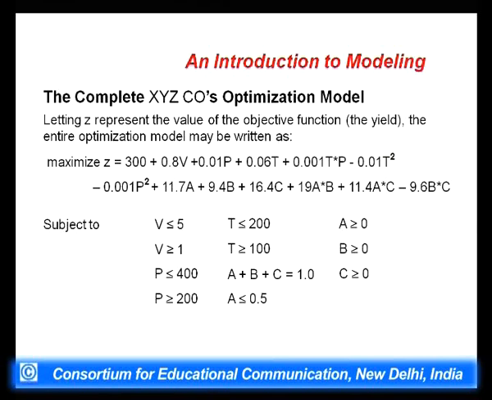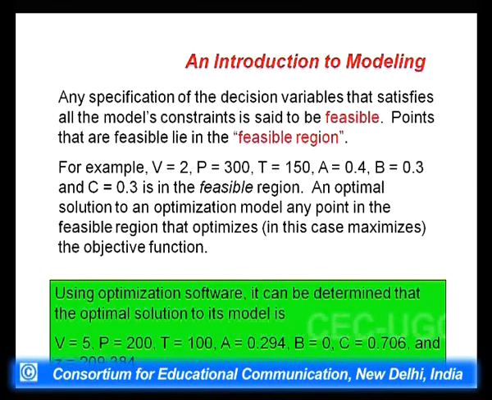We will have the objective function in the form of a maximization case and then the constraints which are given in the slide, and these will now form the total problem, and some mathematical tool will be used to get to the maximum yield, and we will get a value of the maximum yield also.